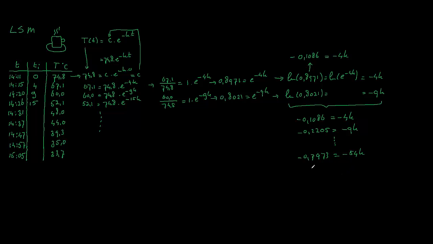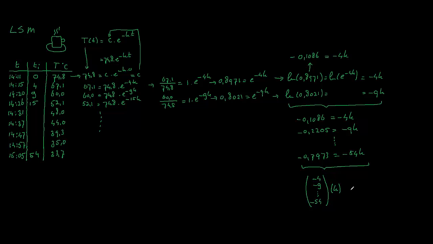But here we have a matrix, because this looks like a matrix. Well, I'll switch it around, but I have -4, -9, and at least -54. Where's the 54 coming from? Well, that's this one here, 54 minutes after time 0.